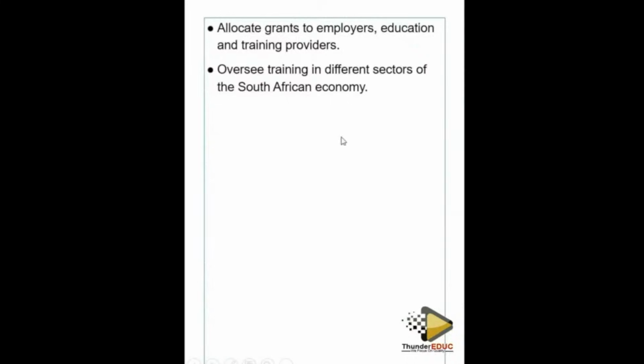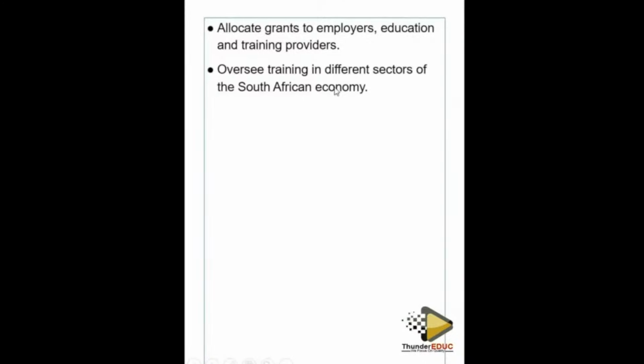There are those people who are working under primary sector and they want to enhance their skills. They shouldn't be sidelined because they are working under primary sector and they're engaged in nature. No, they should also be given that platform to take part in what? In skill development training. So SETA also is there to make sure that even those people who are working under primary sector, those people who are working at the mines, who want to improve their skills, are given that chance. Also, it is ensuring that those people who are involved in crops, there are businesses that are in crops and rearing of livestock.